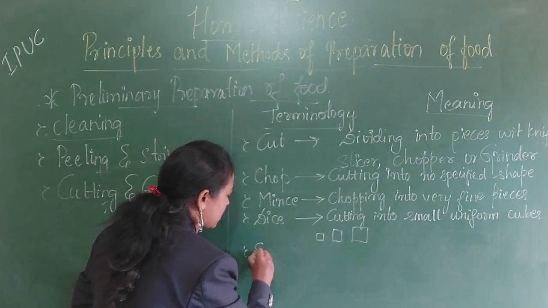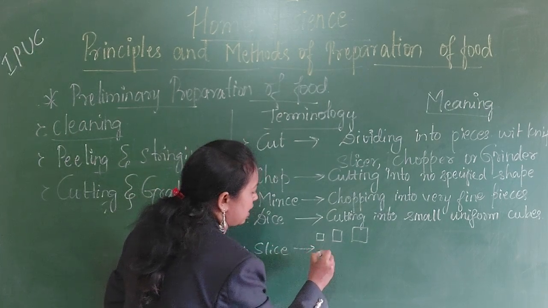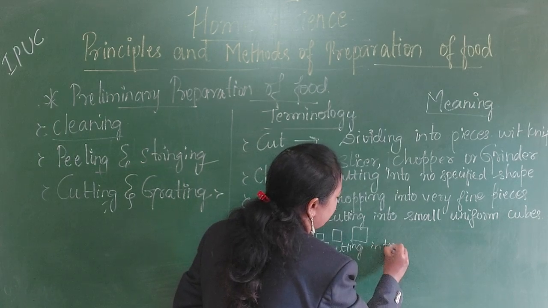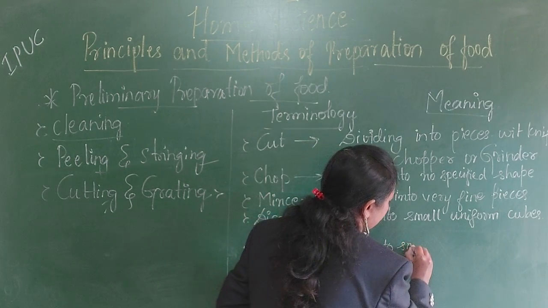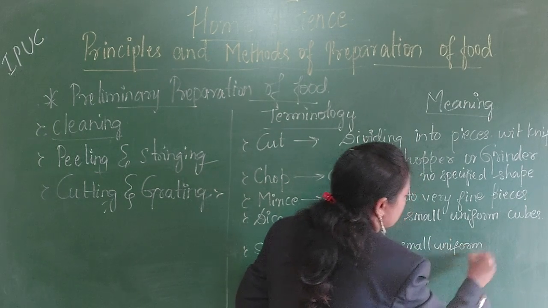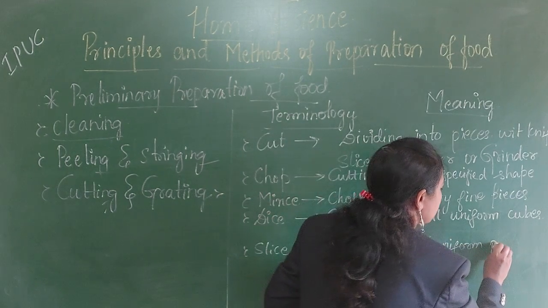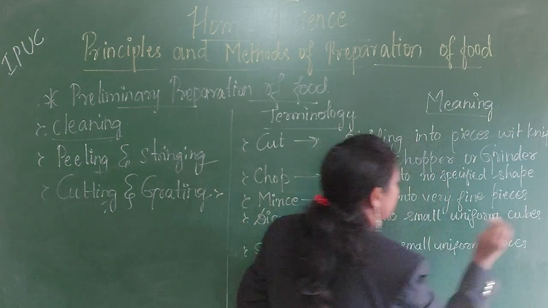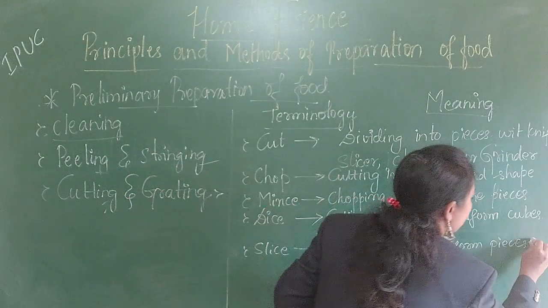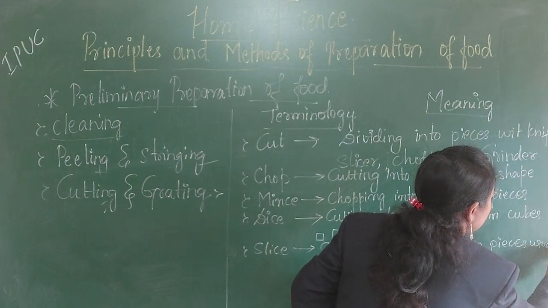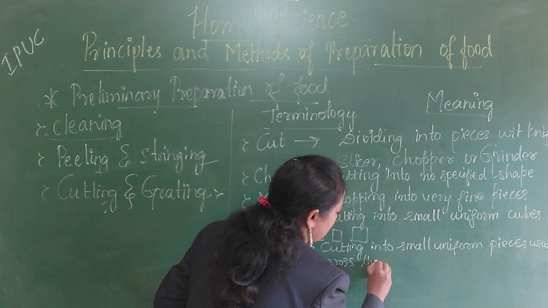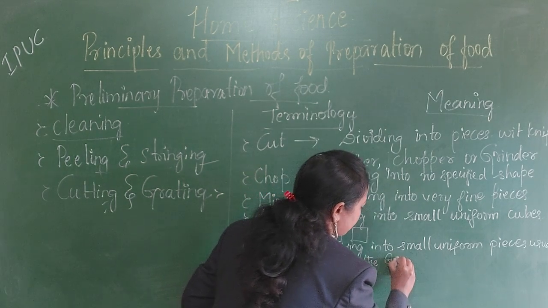The next term is slice. The meaning is cutting into small uniform pieces, usually across the grain.